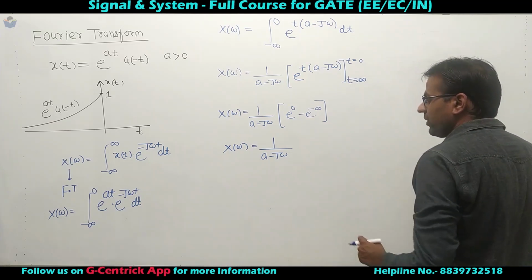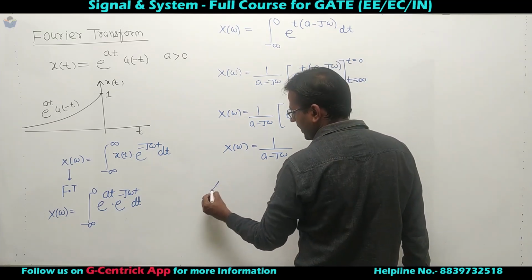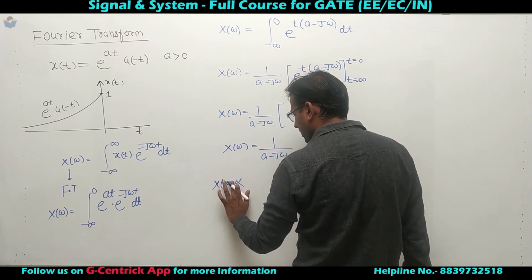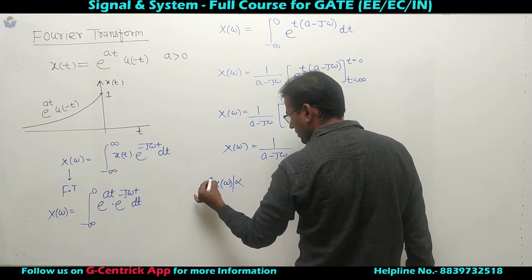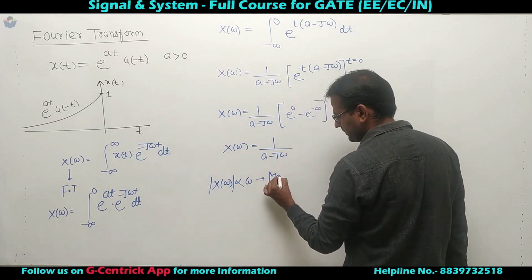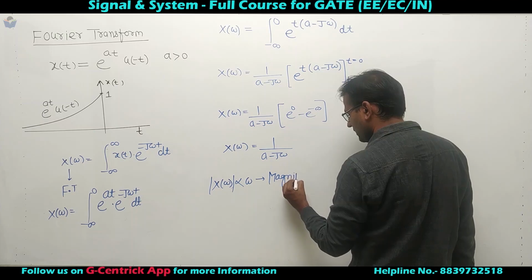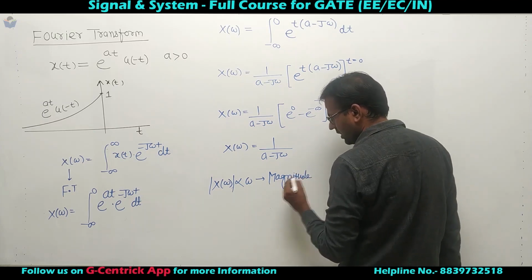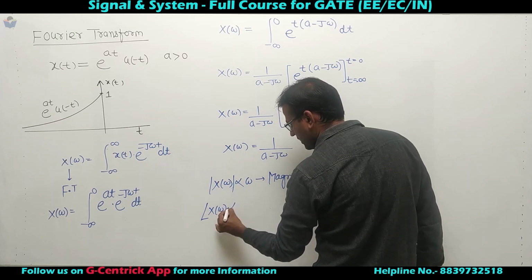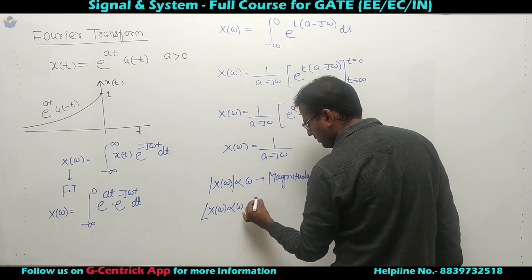Now we can draw the spectrum of 1 divided by a minus j omega. This is the magnitude spectrum and this is the phase spectrum.